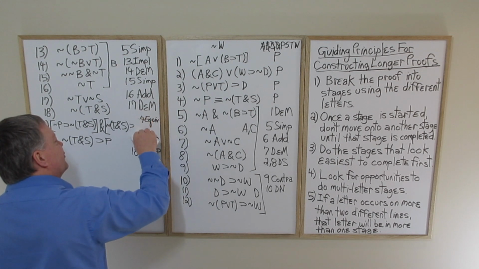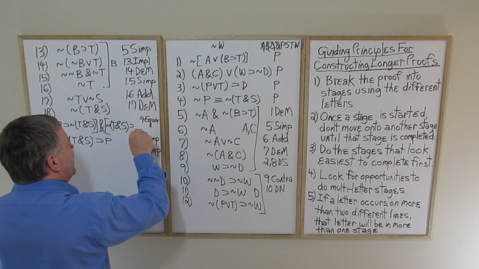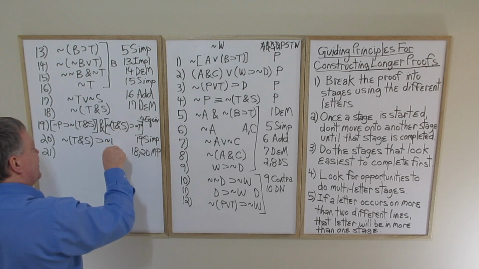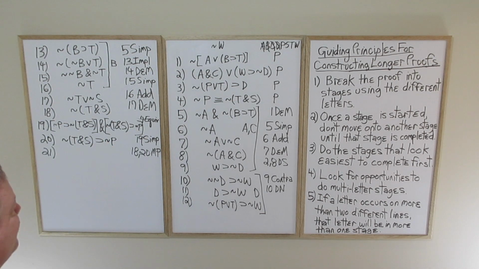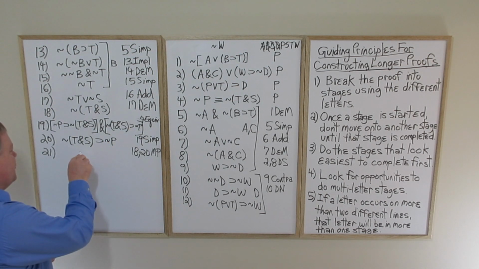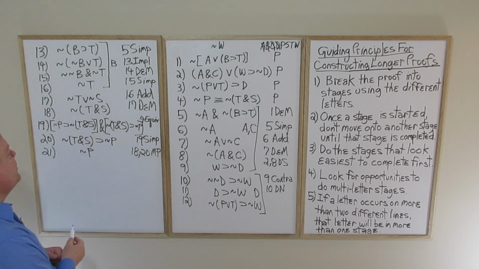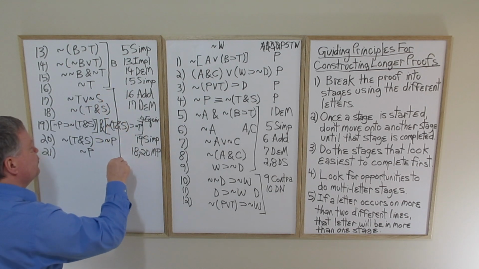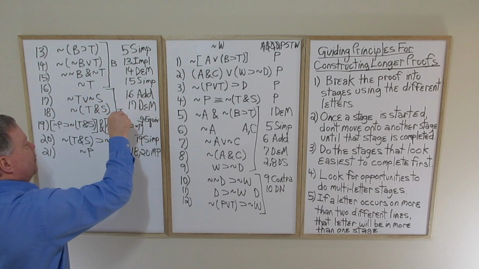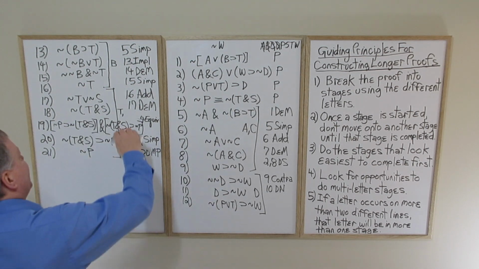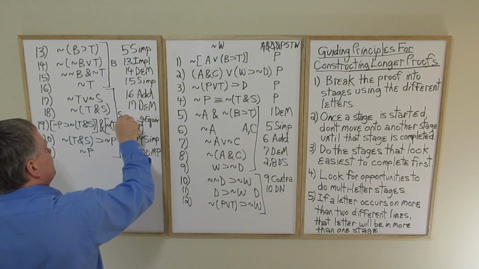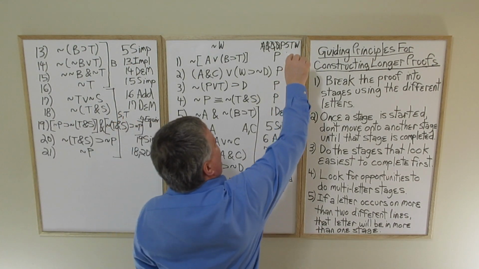Good thing we caught this early. It's tilde T and S horseshoe tilde P, so that when we do the simplification, tilde T and S horseshoe tilde P, and then the modus ponens, we end up with tilde P. So, let's keep them alphabetical. So this is our S and T stage.